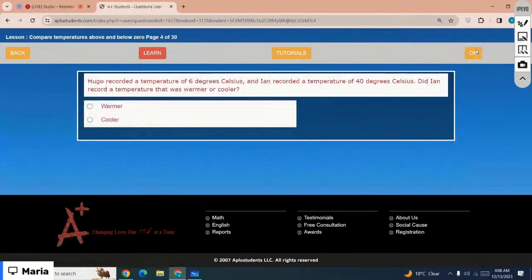Hugo recorded a temperature of 6 degrees Celsius and Ein recorded a temperature of 40 degrees Celsius. Did Ein record a temperature that was warmer or cooler? Which is the correct option?